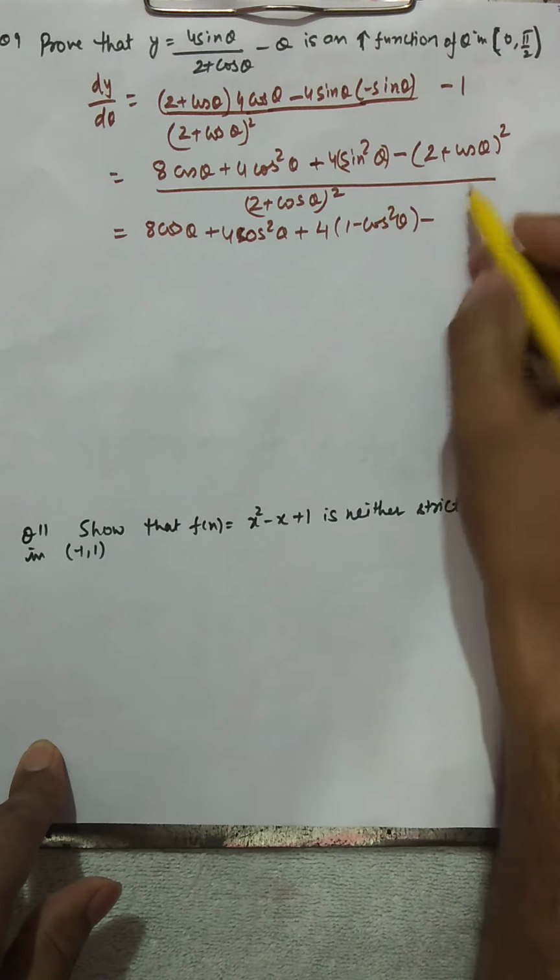It means that f is strictly decreasing in -infinity to 1 by 2. And now here you can take x equal to 1. So at x equal to 1, dy by dx is going to be 2 minus 1, which is 1, which is positive. It implies f is strictly increasing in 1 by 2 to infinity.